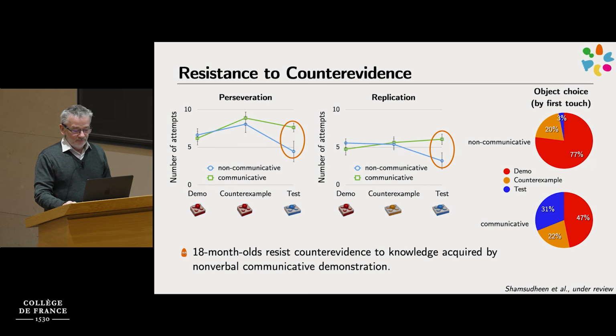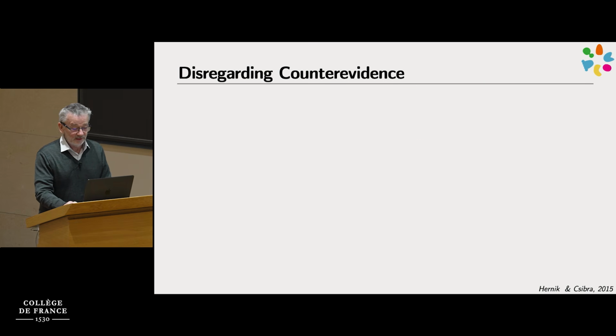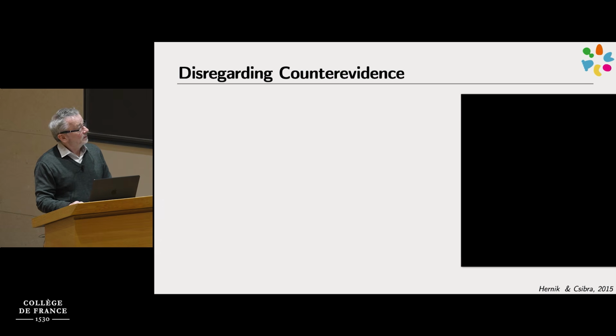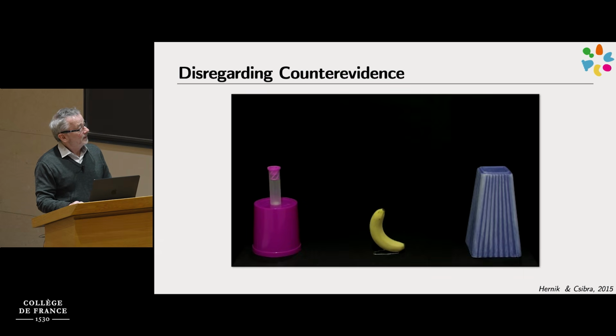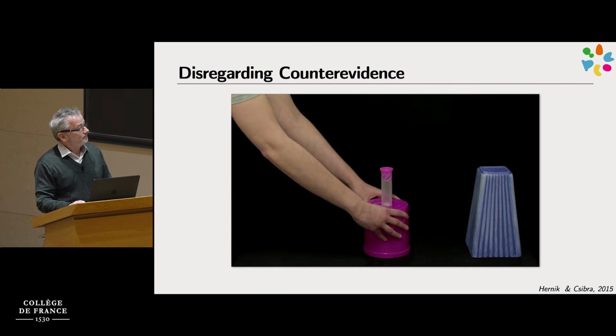And so this kind of disregarding of counter-evidence is not restricted to these studies. Let me show you another study where we found the same. This was actually an original unexpected finding. So the study goes like this. We show them this event.